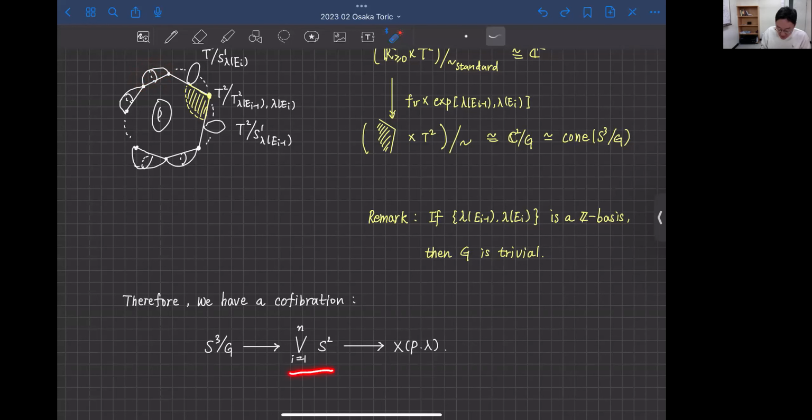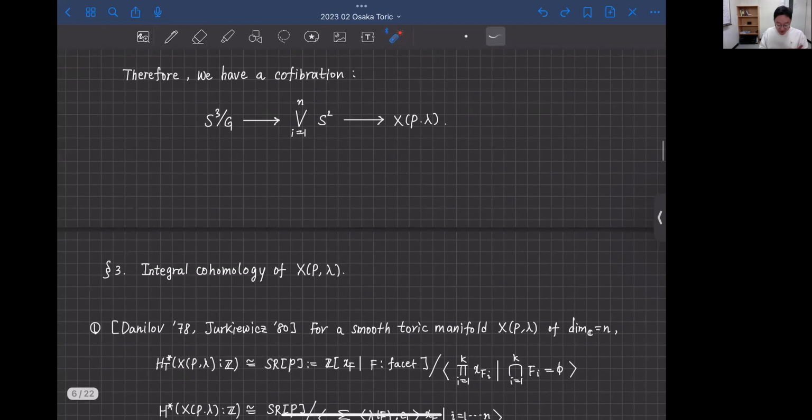So we have a bunch of wedge of two spheres, and then there is a natural map from a point in this sphere quotient finite group to some point in the sphere. And we can think of this toric orbifold as a cofiber of this attaching map. So this is a special topological structure that we can get from the four-dimensional toric orbifold.